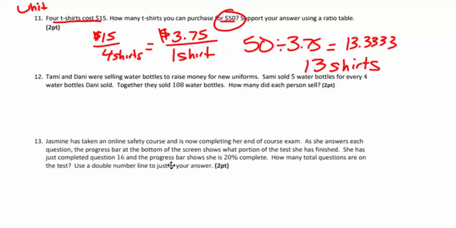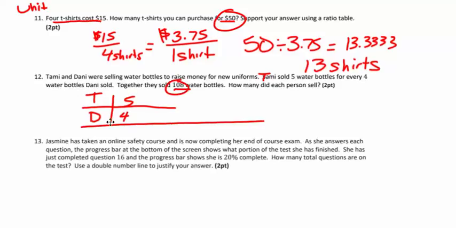Okay. All right. Tammy and Danny are selling water bottles. Tammy sold 5 water bottles for every 4 that Danny sold. So together they sold 108. How many did each person sell? So we're looking at Tammy to Danny, Tammy to Danny. So right now the ratio is 5 to 4. But their total is 108. So we need a total row there.